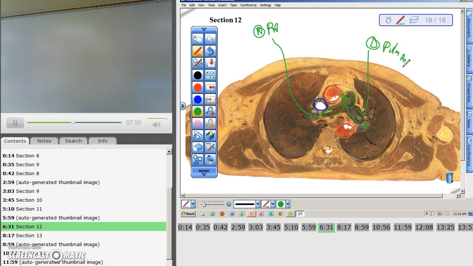So blue superior vena cava, red we've got the ascending aorta, red in the back of the posterior we've got the descending aorta, we've got the pulmonary trunk, and we've got the right and left pulmonary arteries.